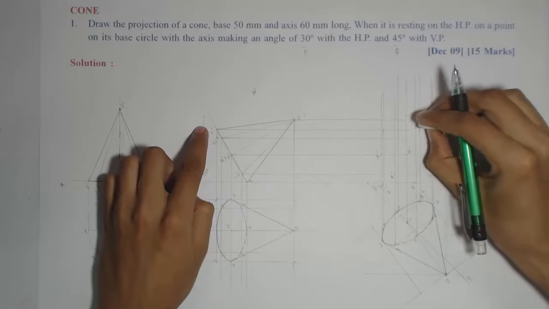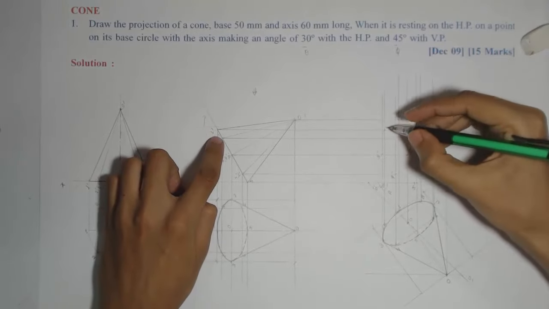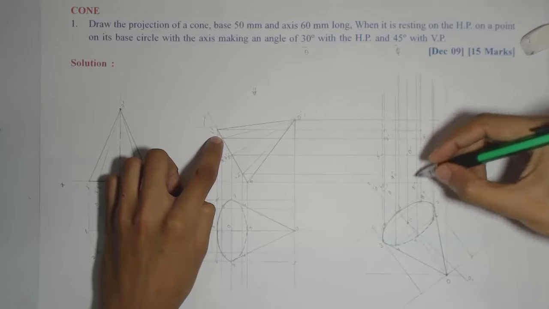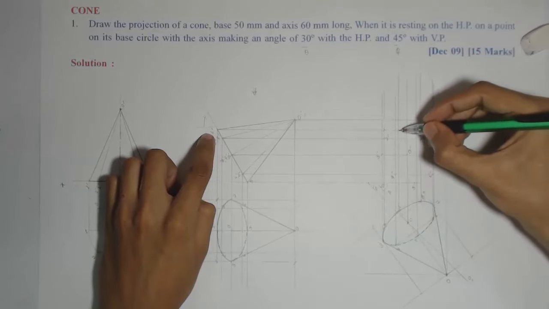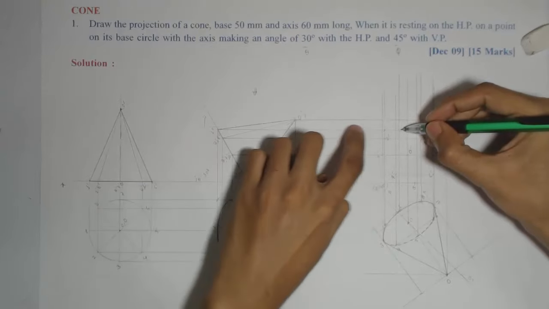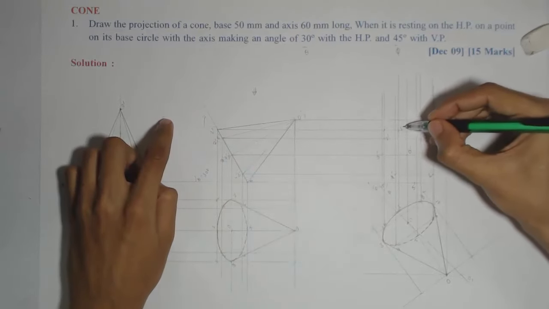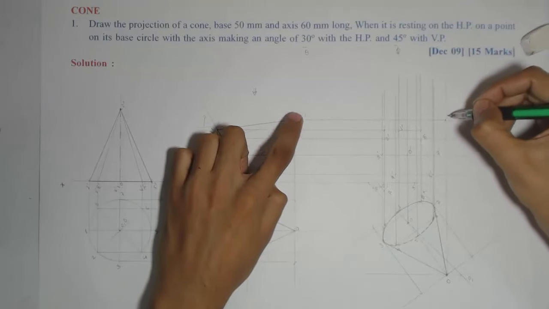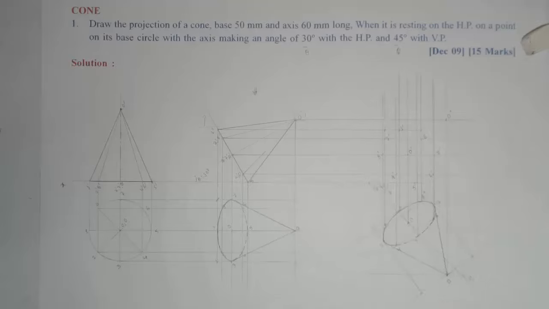So 2 dash and 8 dash should be below. So 2 dash is on this projector and 8 dash is again here. Now for 1 dash here, so this line, so 1 dash will be here, and then finally apex O dash here.